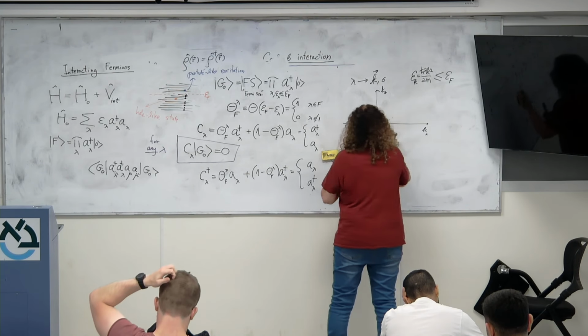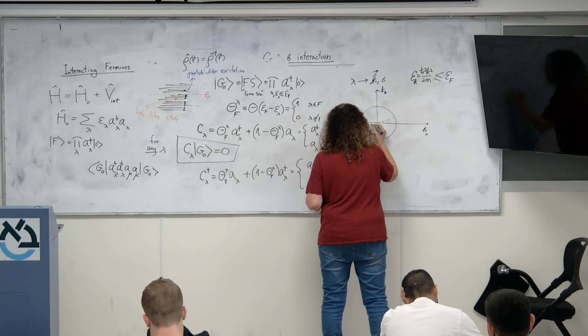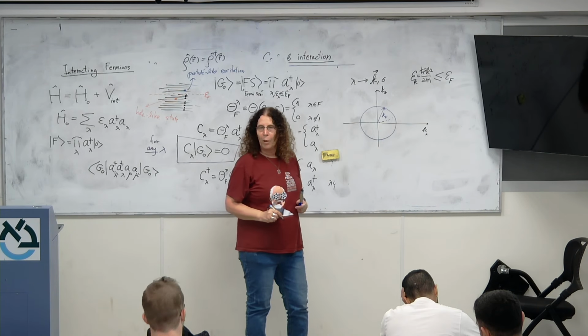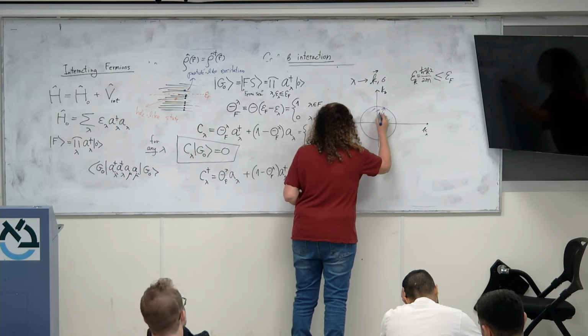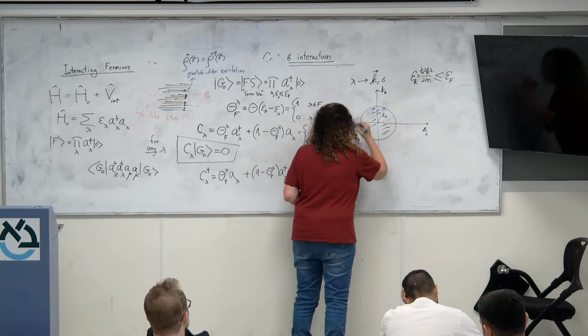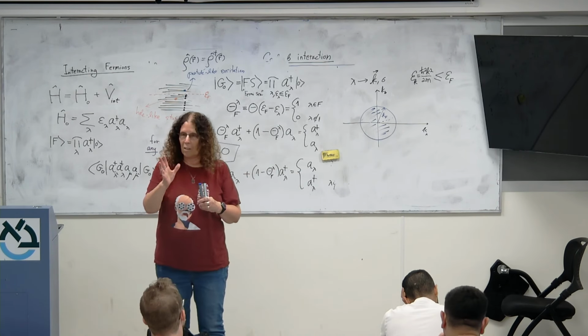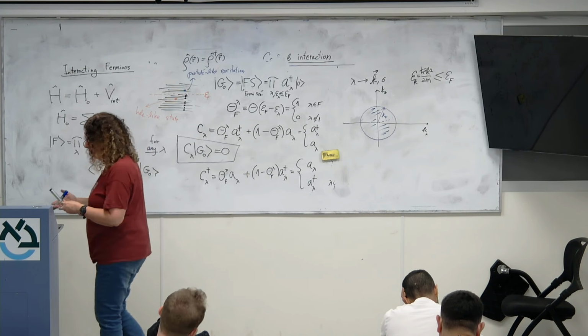So this is how it looks. There is a sphere with radius Kf, the Fermi momentum. Everything inside it is occupied, and of course, again, this is at zero temperature. This is the ground state, the quantum ground state.